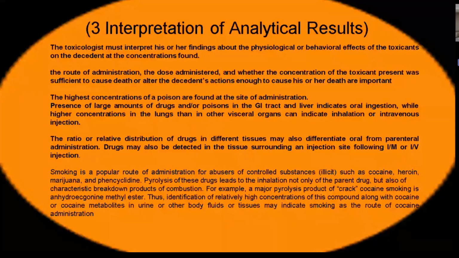Thus, if we are able to identify a high concentration of this compound, we know there was cocaine inhalation. As I've said, we should be able to know the metabolite which has come. We should recognize the indication that smoking was there and the route of cocaine administration was through smoking. And ultimately, we are getting this cocaine metabolite in the urine.